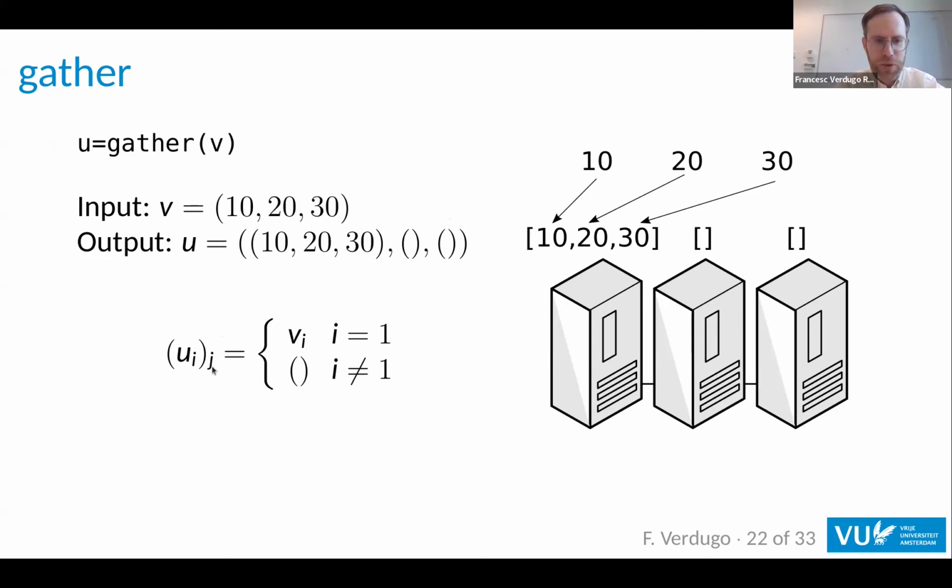In component J, you're going to have the whole input array, and in the other components, you're going to have an empty array. Again, this can be implemented for a sequential array, but when you're with MPI, if you want to implement this operation, you will need to do communications, right? Because in order to build this data in this rank, you need data from other MPI ranks.